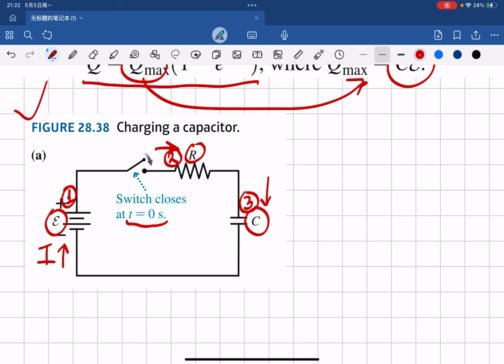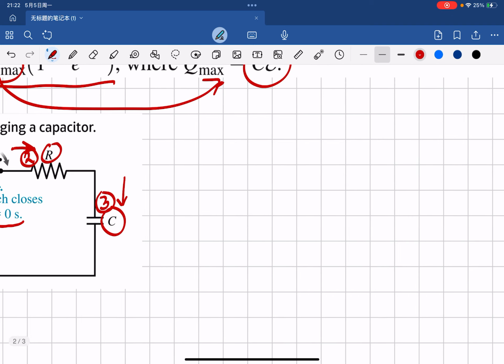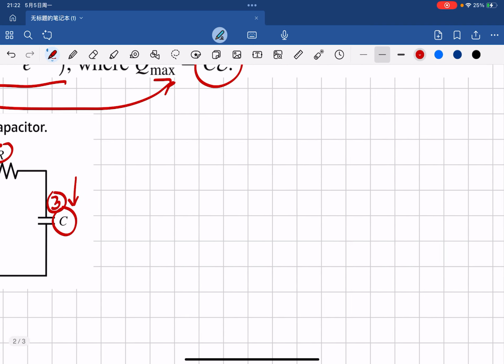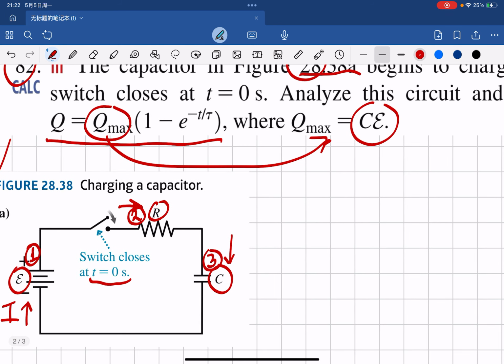And over time the charging slows down and eventually stops. And we are asked to show that Q over time will be equal to this equation.